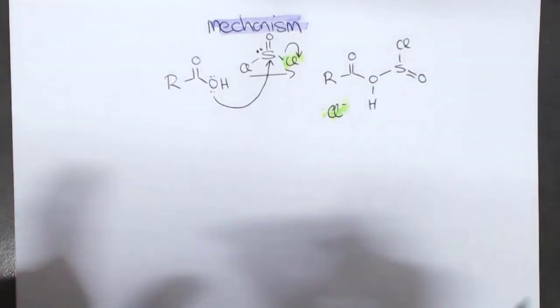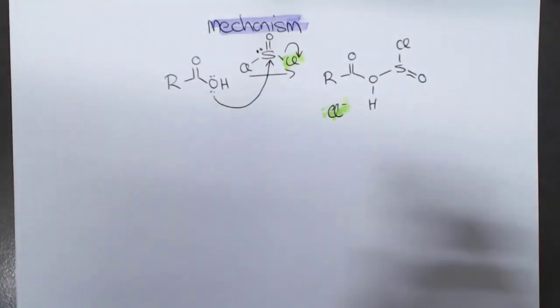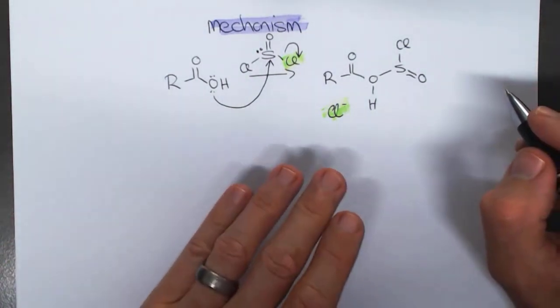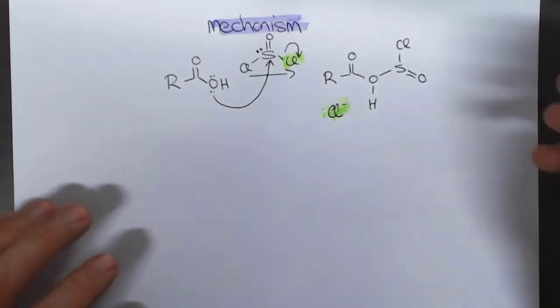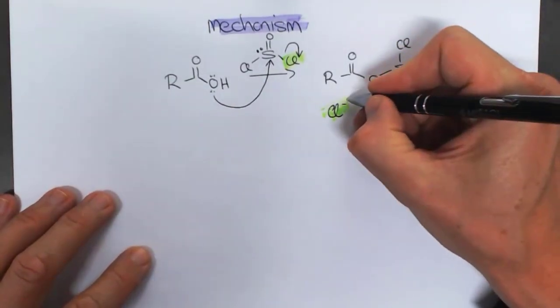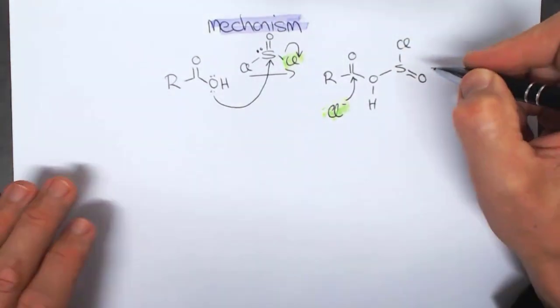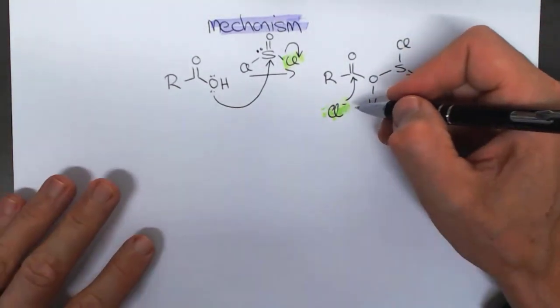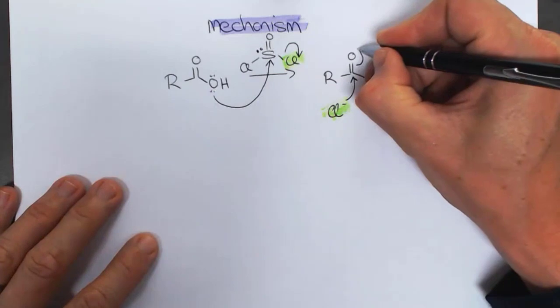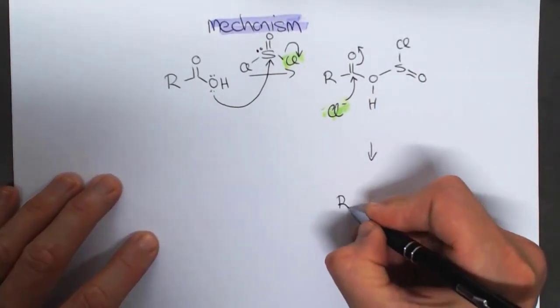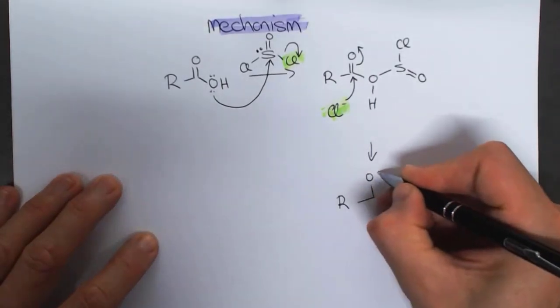And now we're going to do something which is going to feel pretty odd. I want you to just stay with me over here, because it's the formation of the products that drives this whole reaction to completion. So just watch what's happening. The chlorine is going to act as a nucleophile. This should feel terrible, because chlorine is a terrible nucleophile. But follow what happens here. We break that pi bond over there, and then we end up with an O minus.